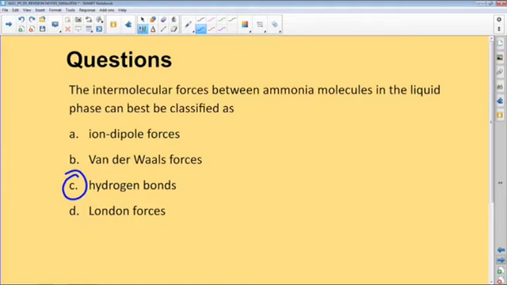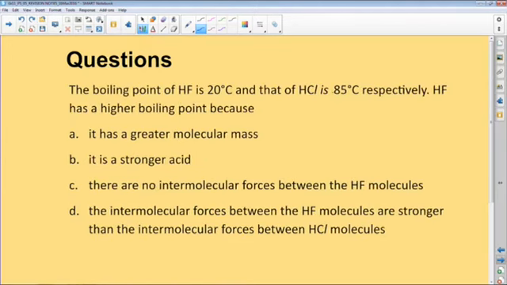Okay, good. Let's have a look at what else I've got for you. Remember, I've just said to you there were 3 substances, NH3, H2O, and HF, that have hydrogen bonding.